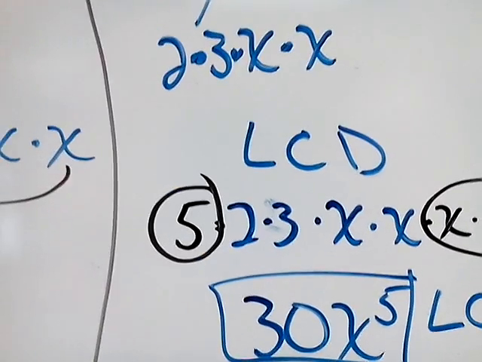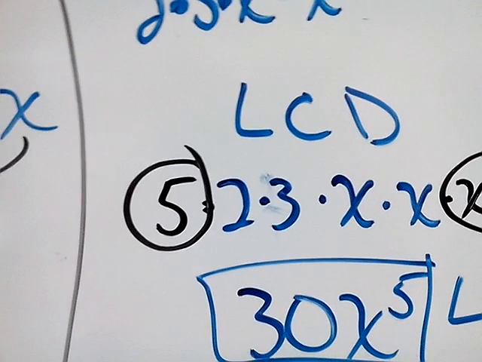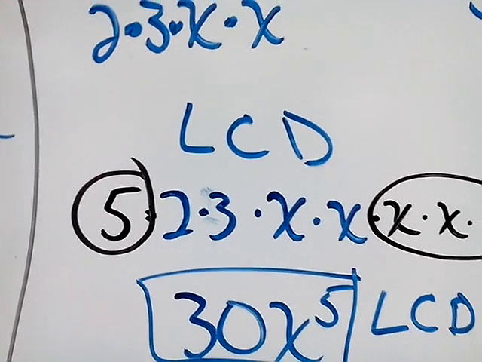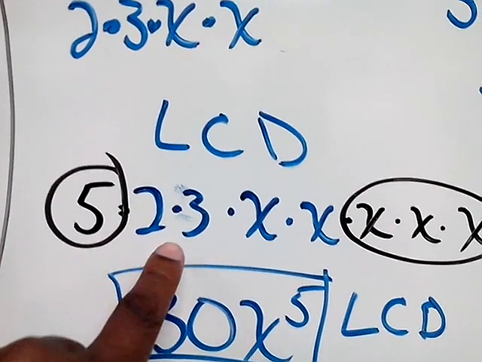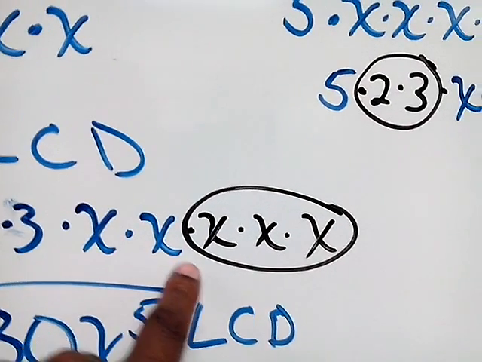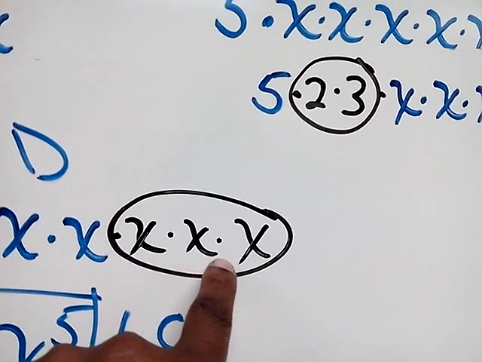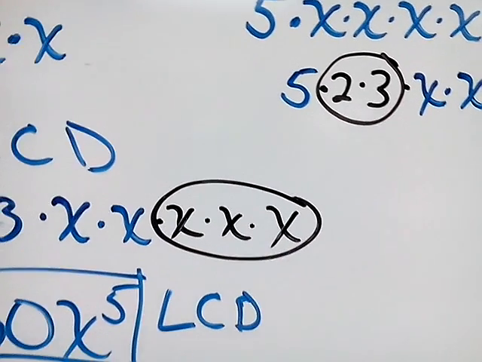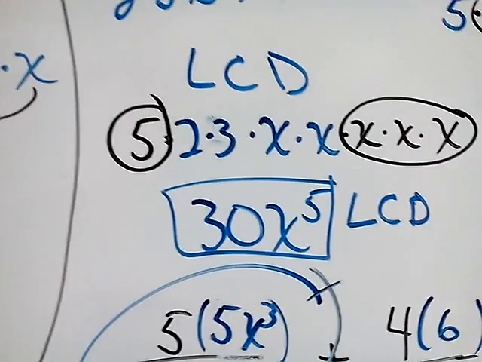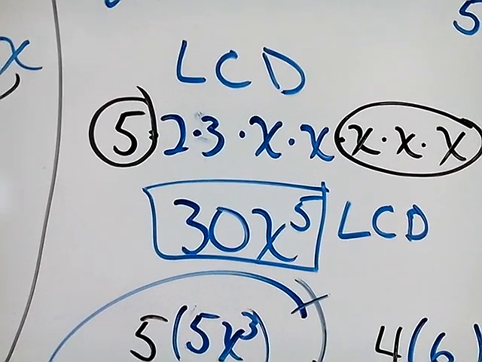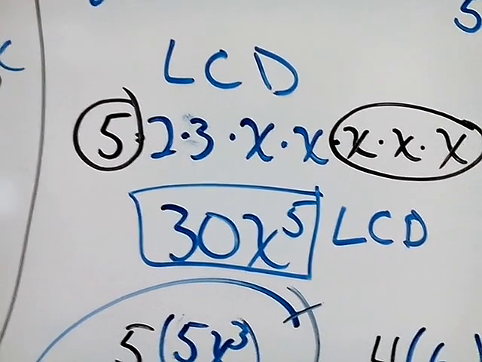So we take those and multiply them to what we originally factored: the 5 times 2 times 3 times x, and then the extra 3 powers of x. So our common denominator after we multiply everything becomes 30x to the 5th power.